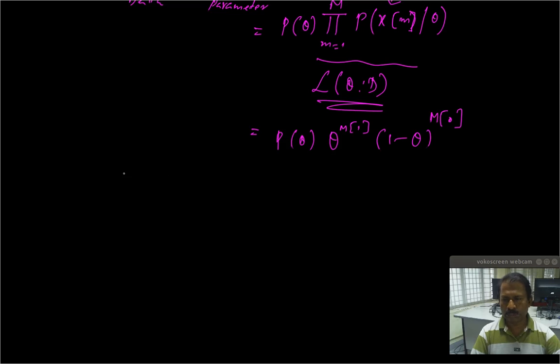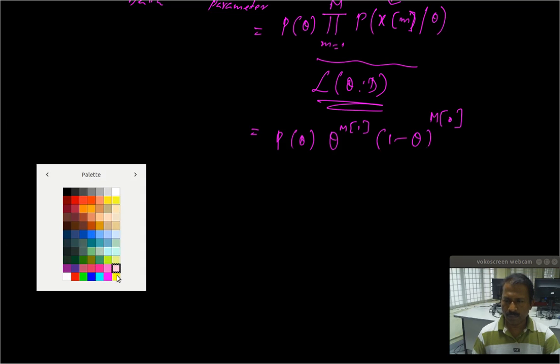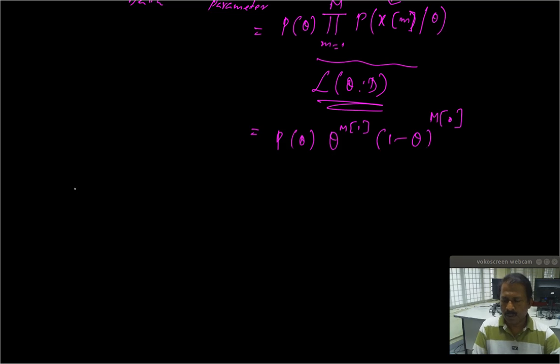So now we can write the posterior distribution over theta.